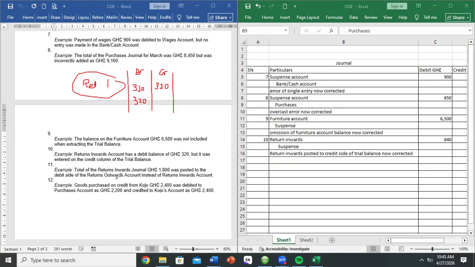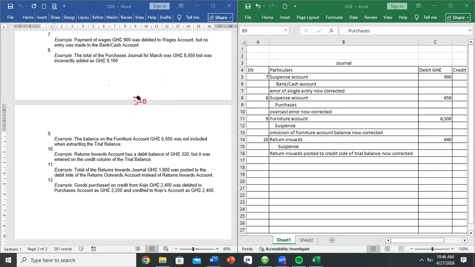Total of return inwards journal, 1,800 Ghana cedi, was posted to the debit side of the return outwards account instead of return inwards. This error is interesting. So you can only fully follow through for you to understand. So let me see what happened.